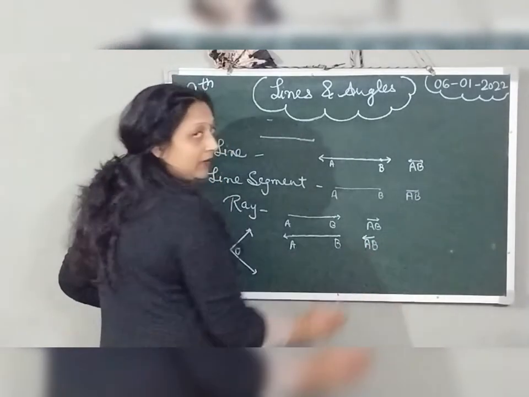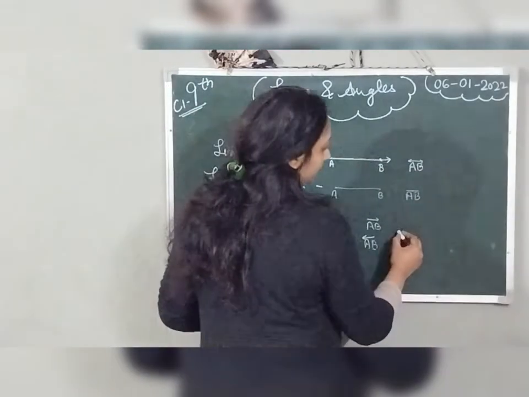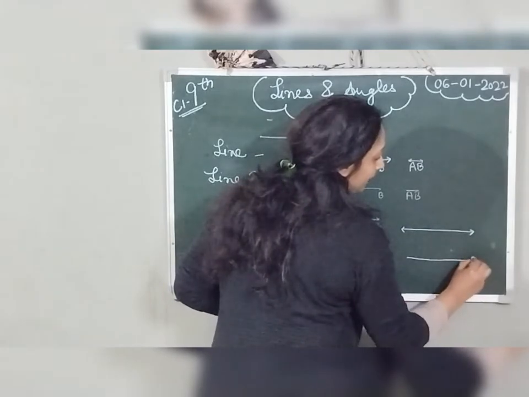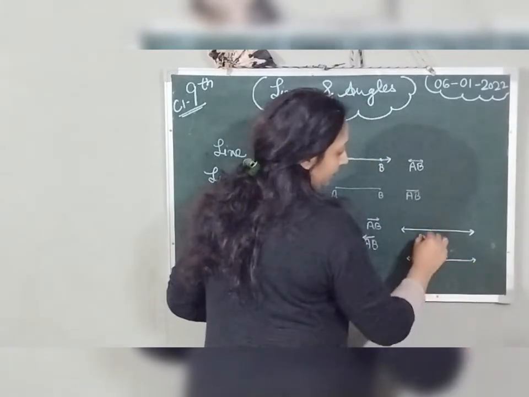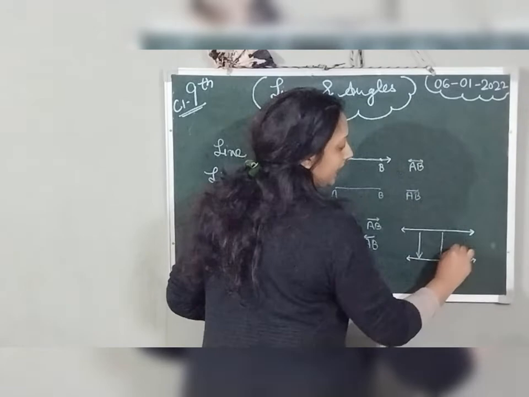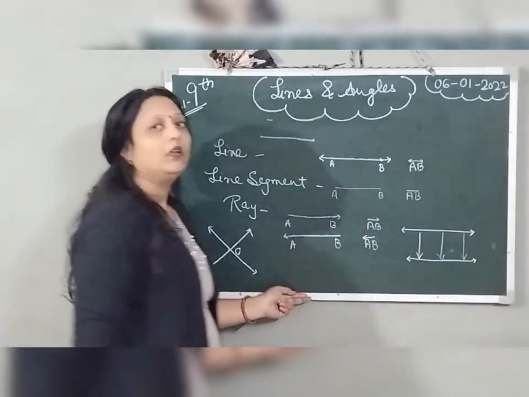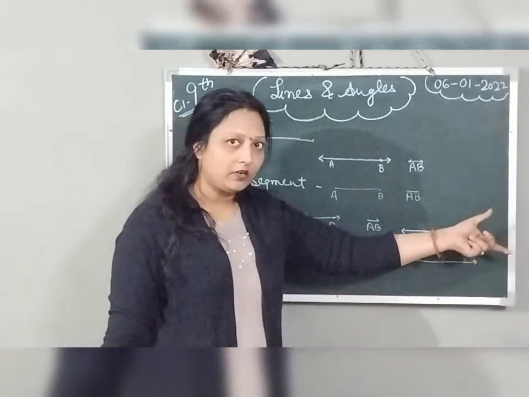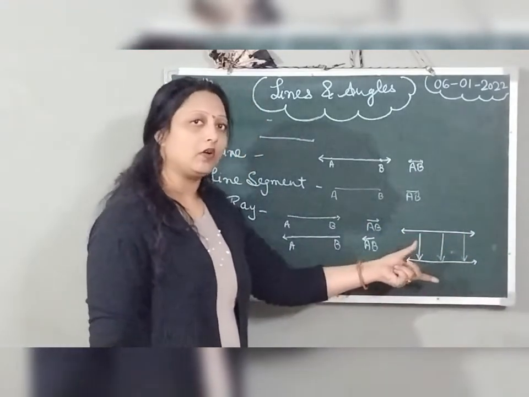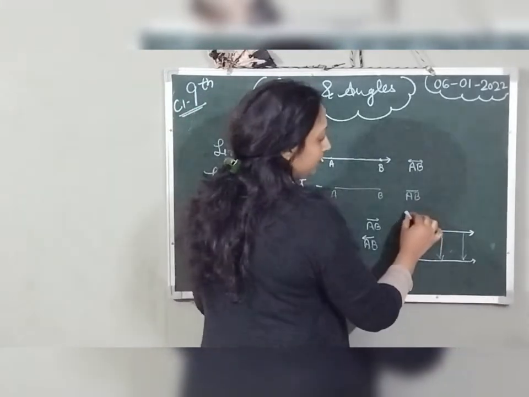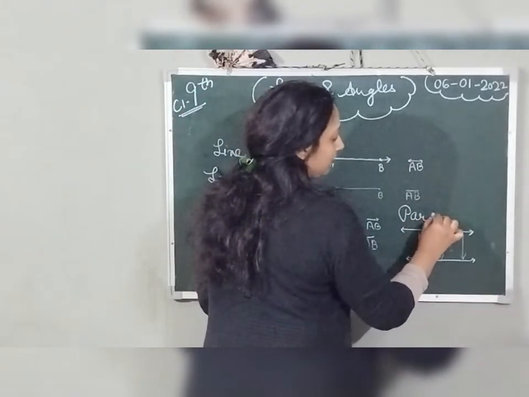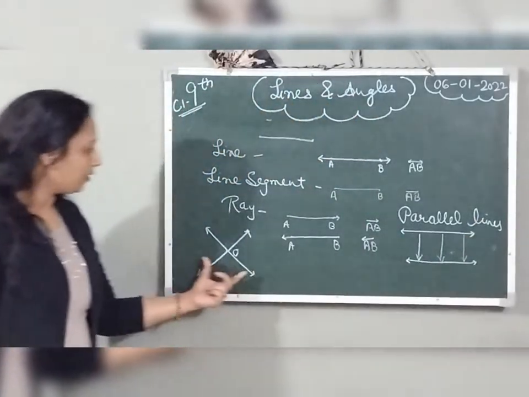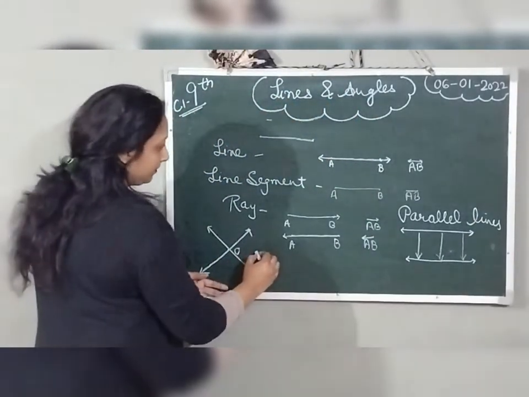If two lines never meet each other and have the same distance between them at any point, they have the same distance between them and never meet at any point, these are called parallel lines. And these are called intersecting lines.